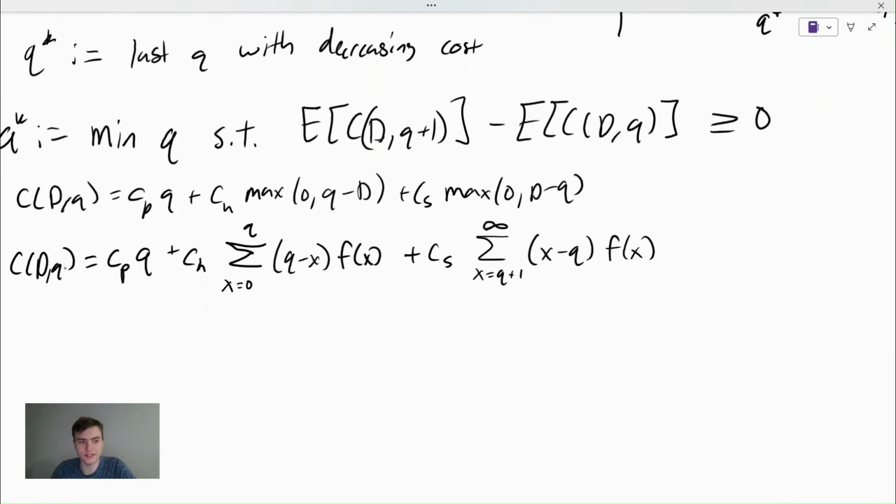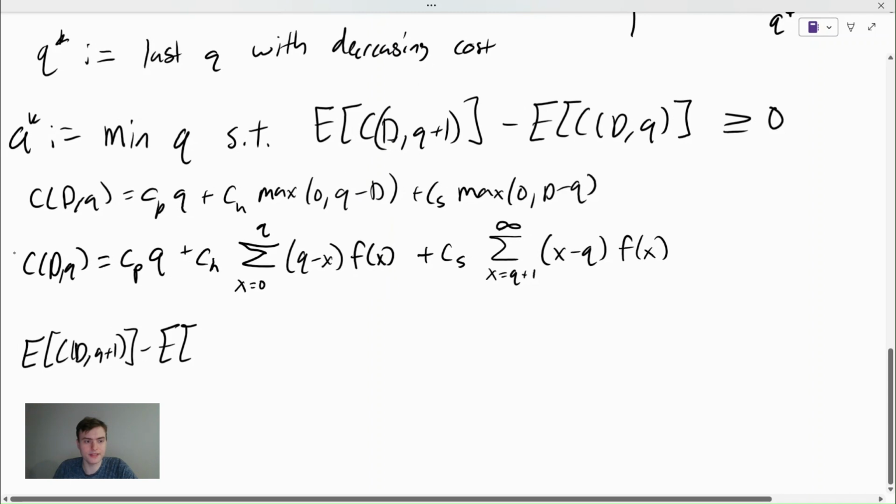C of D, Q. And then now we're looking at the difference in E of C D Q plus 1 minus E of, sorry, here I need to write the expected value, right? Because I went from, this is just the random variable generally, this is the expected value of the random variable.